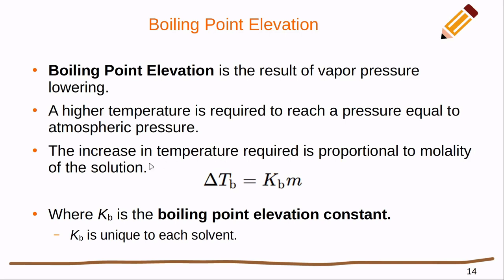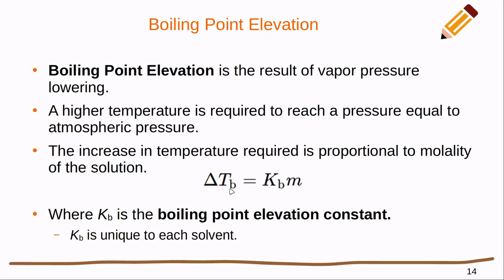We can figure out how much temperature is going to be required for this to happen. We have an equation for that, and it is delta T boiling. The change in boiling temperature is going to equal Kb, a constant specific to the solvent, times the molality of the solute.